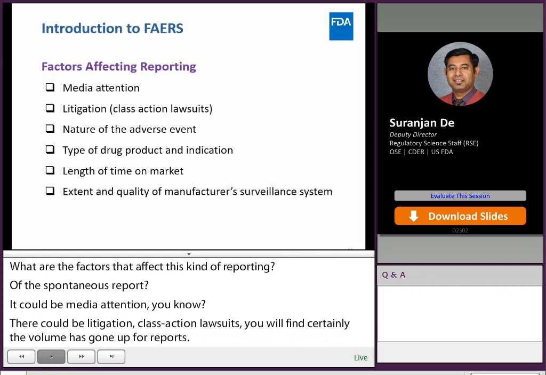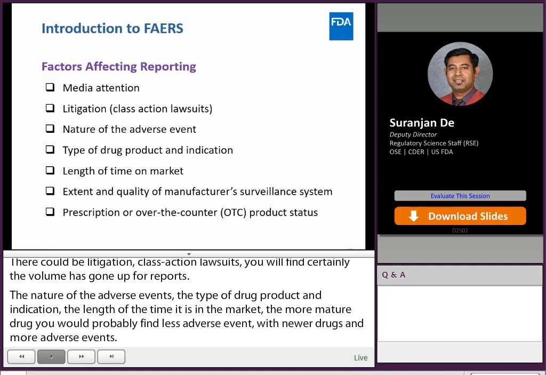A more mature drug will probably have fewer adverse events, while with new drugs you will find more adverse events. Also the extent and quality of the manufacturer's surveillance system, whether it is a prescription or over-the-counter product, and changes in reporting regulations.